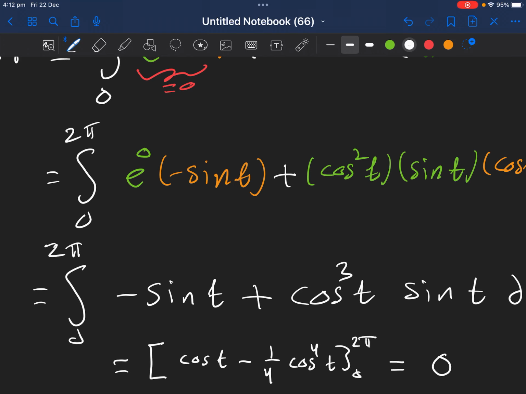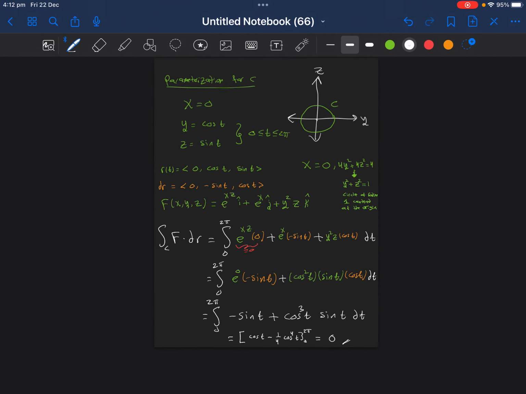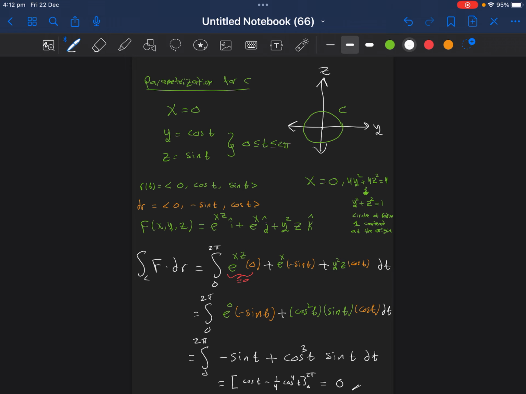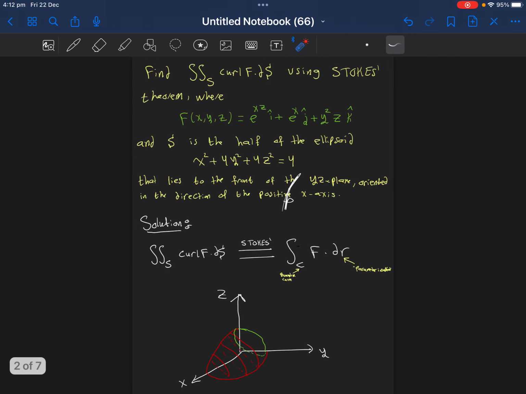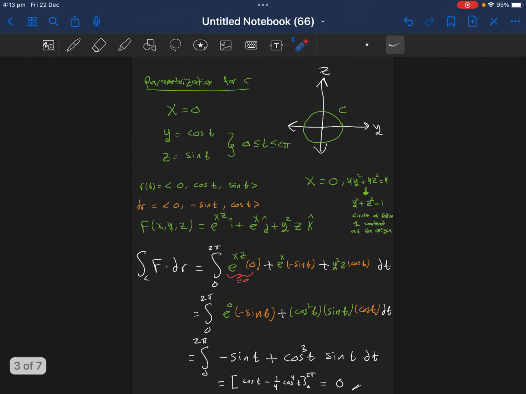If we do this, the answer will be just 0. And that's how we use Stokes theorem to find the integral. Of course, we should double check that the answer is really 0 by finding it separately as a surface integral, which needs a parameterization of the surface. I will leave it for you as an exercise.